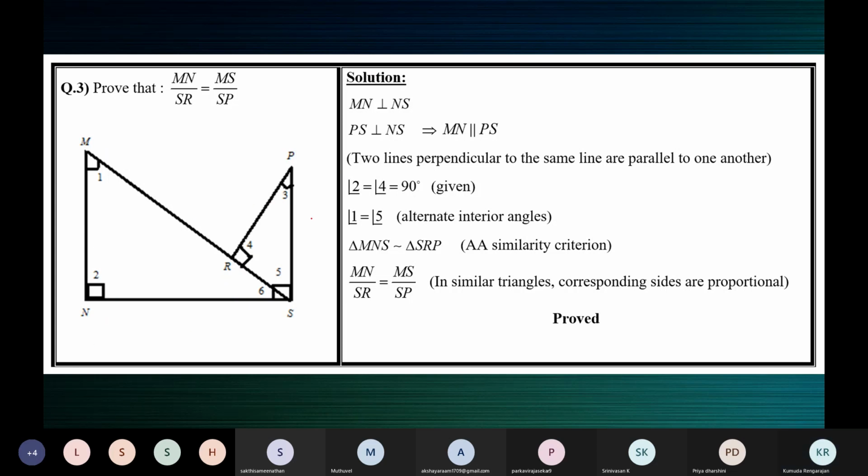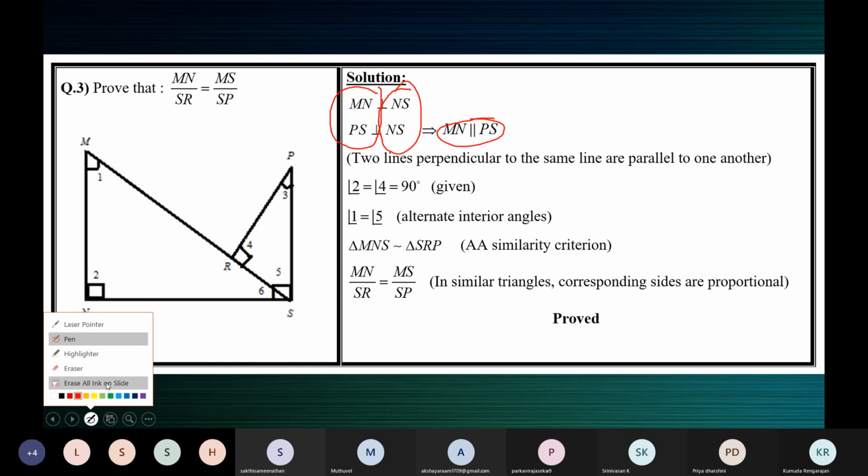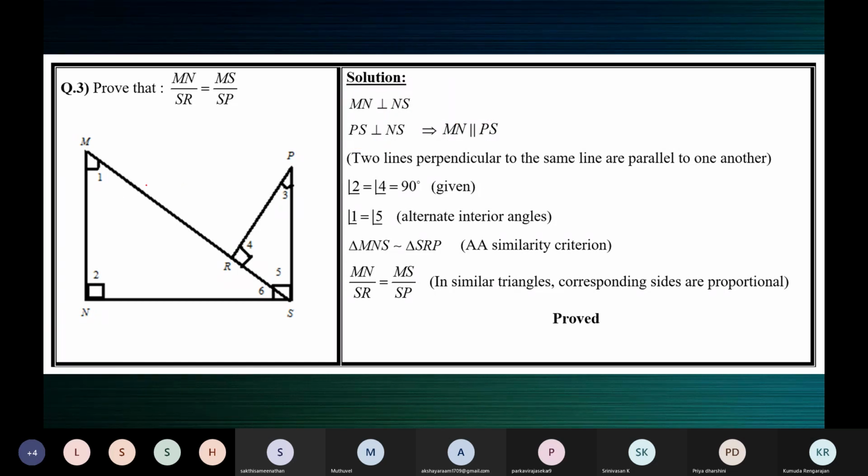They are perpendicular to the same line NS. So they are parallel to one another.